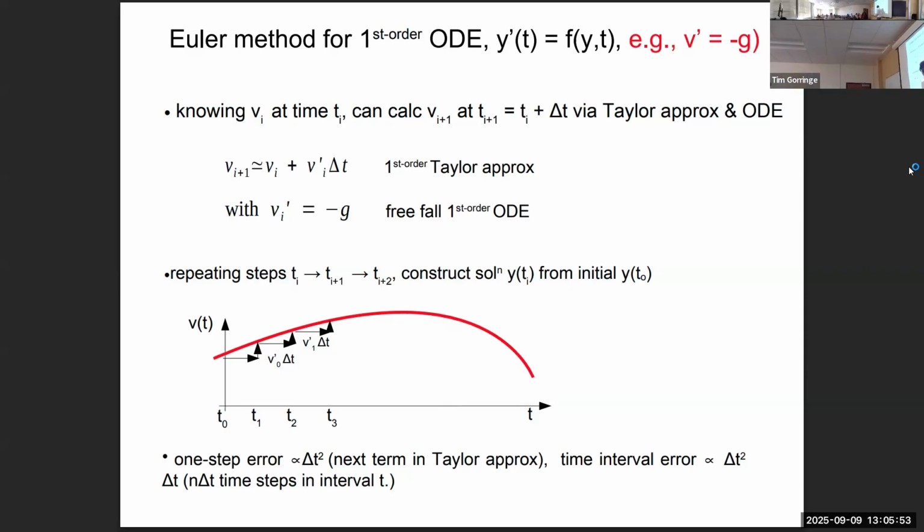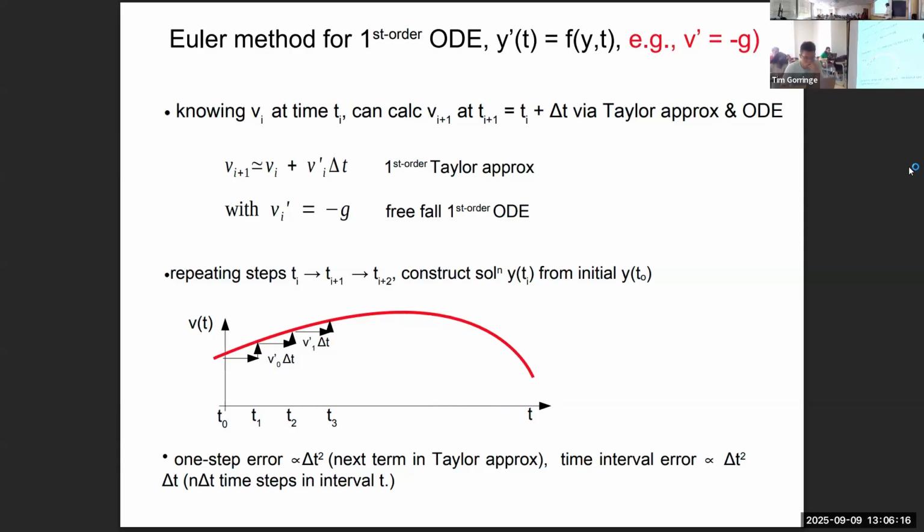And so that's what I did down here. In this formula here, which I said is approximate, we're omitting terms of order delta t squared and higher powers. Delta t squared will dominate. And so that's the scale of the error in one step of our process.